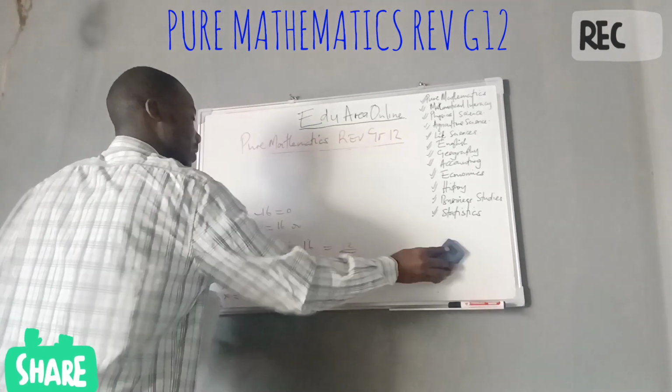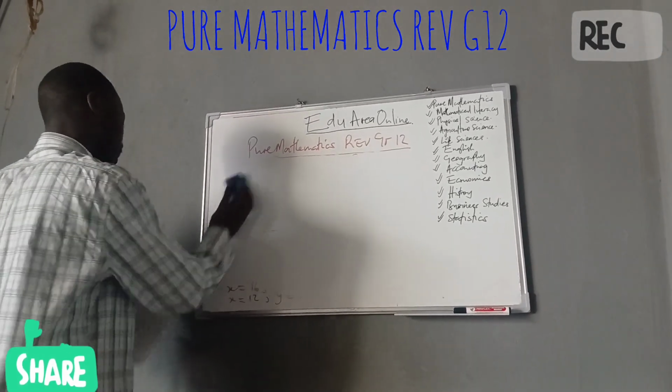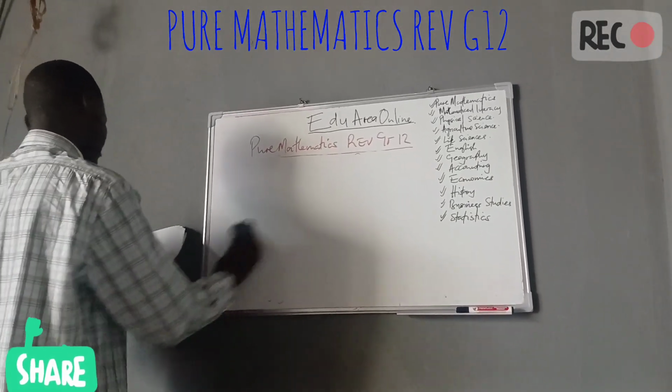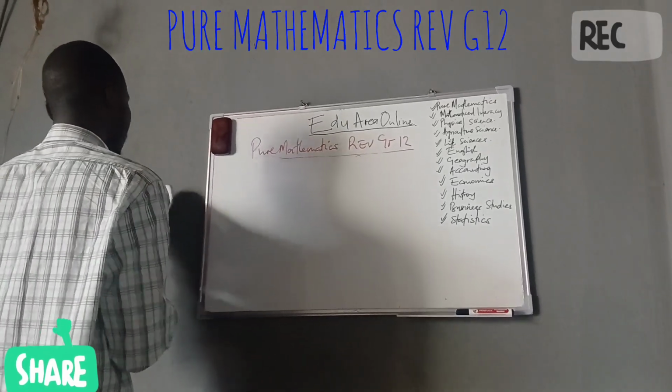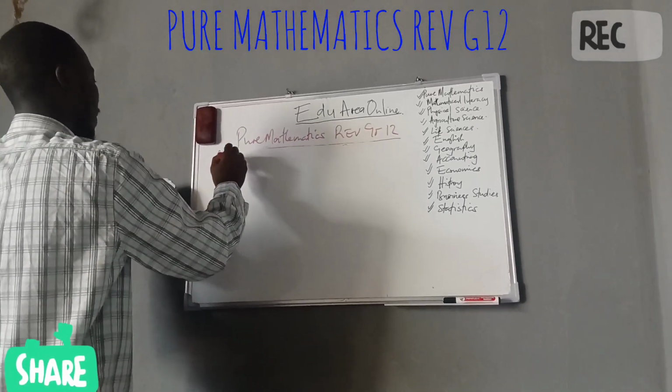So the second question, what was it saying? We have a diagram. So it was question number 3 on the question paper.